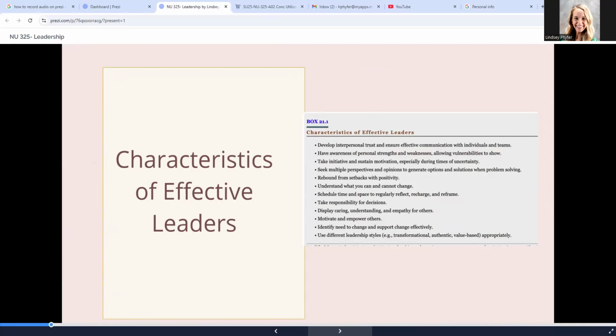Employees should feel as though their leaders want them to be successful in the role in which they are in. Effective leaders are going to identify need to change and support that change effectively. And then lastly, they're going to use different leadership styles, some of which we're going to talk about later, appropriately. And a lot of times, the leadership style that's going to be in place is going to be dependent on the nursing team in which they are leading.